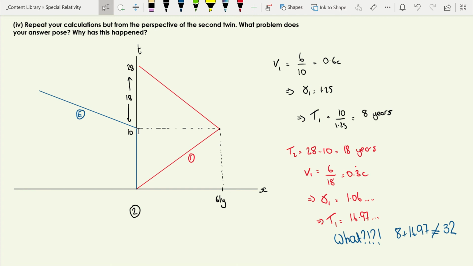And then its reference frame changed because, from Captain 2's perspective, Earth then went away from it. So we've had an acceleration phase. Therefore, this isn't an inertial reference frame, which is why it doesn't agree with the other two. So when we're doing special relativity, we have to make sure we choose observer reference frames that are inertial. In this case, we didn't, which is why these calculations didn't work out.